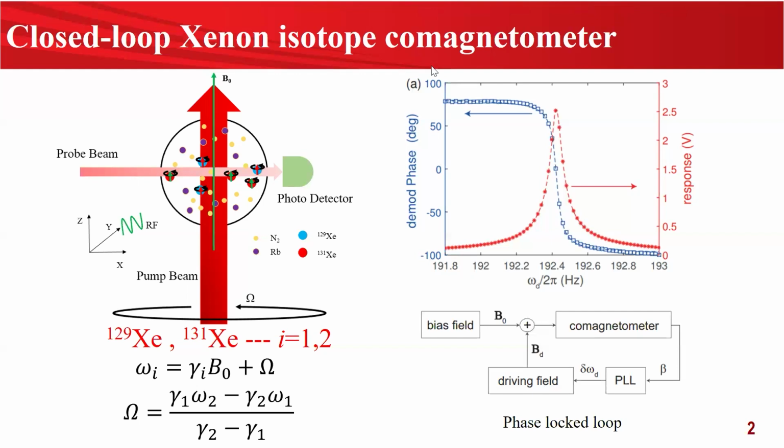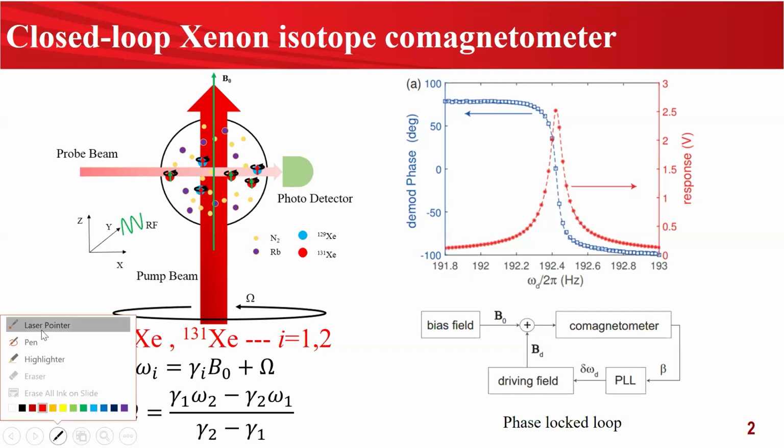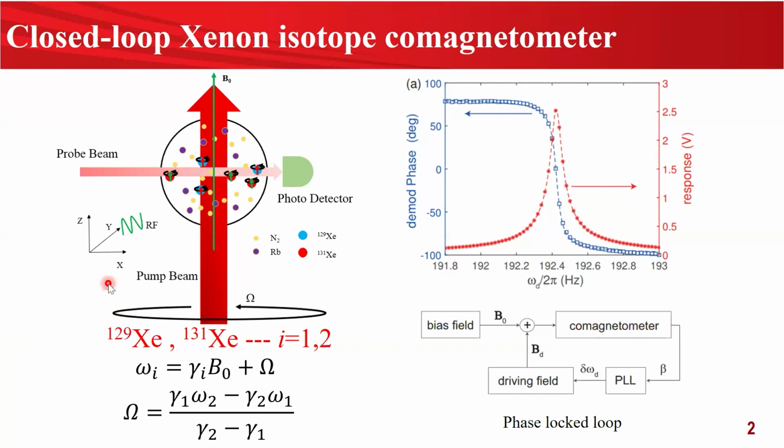And here we simultaneously measure the frequency of the xenon isotopes and the precession frequency of the xenon atoms, and the rotation along the bias field can be extracted as this.